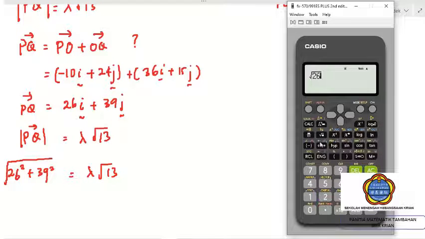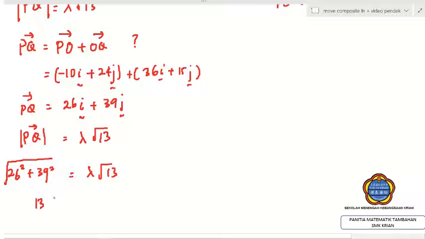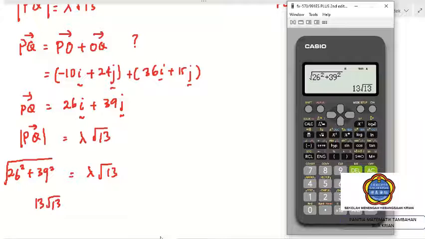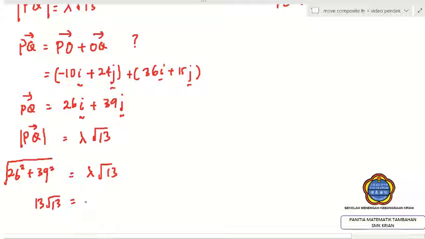Square root of 26 square plus 39 square equals 13. Okay, from our calculator, 13 equals lambda 13. So lambda is equal to 13. Okay, finish question B.